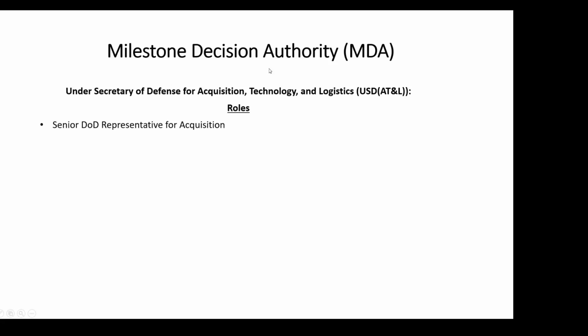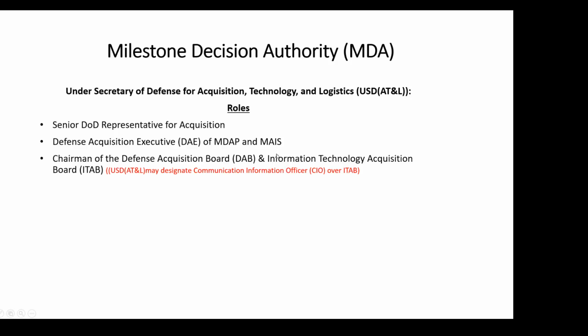Some of his roles, which we've discussed: Senior DoD Acquisition Representative. Some of his titles: Defense Acquisition Executive of Major Defense Acquisition Programs and Major Automated Information Systems. So these are like your ACAT 1D and your ACAT 1AM. He's also the chairman of the Defense Acquisition Board, and those are for your general major programs.